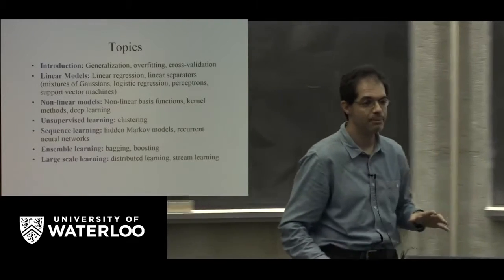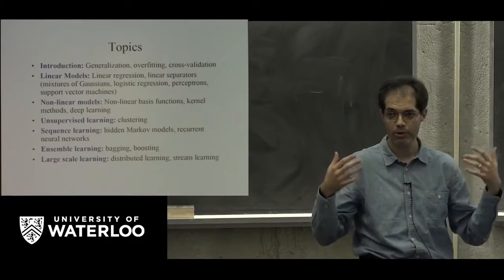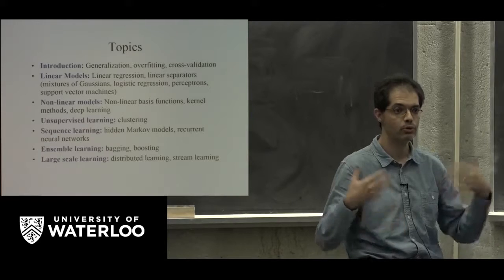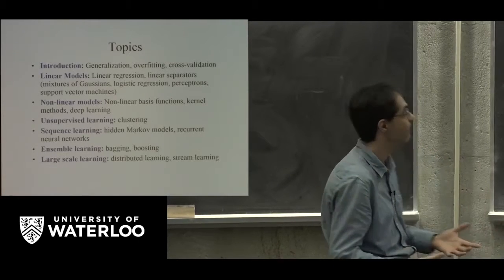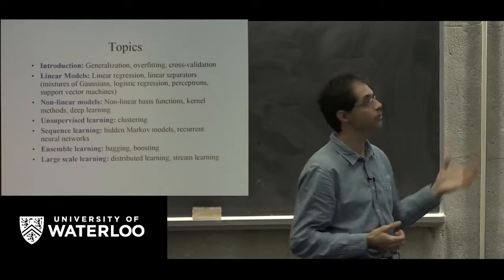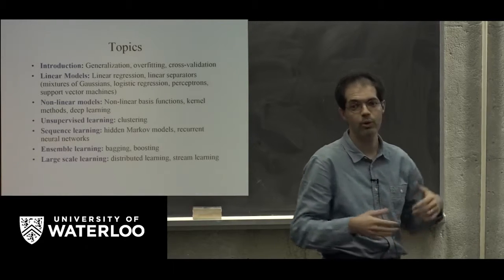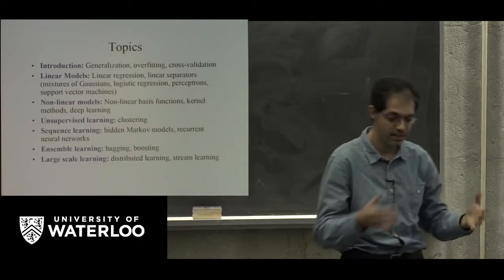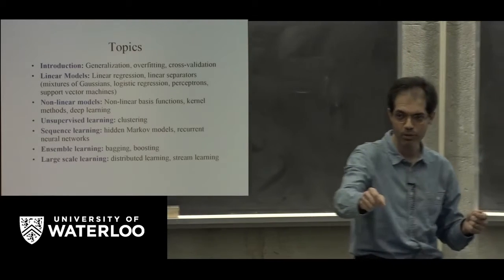Okay, in terms of the topic, so what exactly are we going to cover in this course? This course is focused on algorithms. So you're going to learn how to program a computer to do machine learning. And then depending on the type of applications, we might need to use different models. In particular, some of the simplest models are known as linear models. So the idea is that the computer learns by mapping some inputs to outputs.